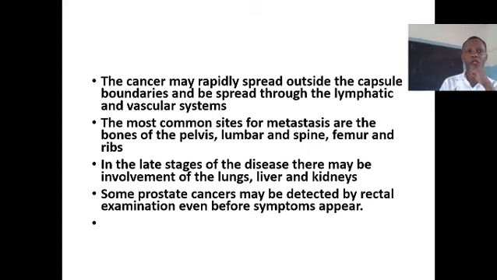The most common sites for this metastasis are the bones: the pelvis, the lumbar spine, the femur, and the ribs. In the late stage of the disease, there may be involvement of the lungs, liver, and kidney. Some prostate cancer might be detected by rectal examination even before the symptoms appeared.